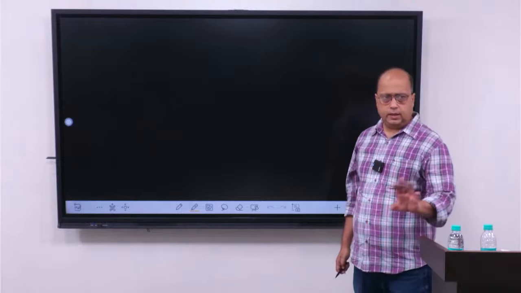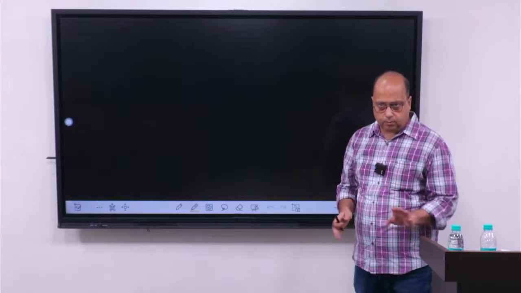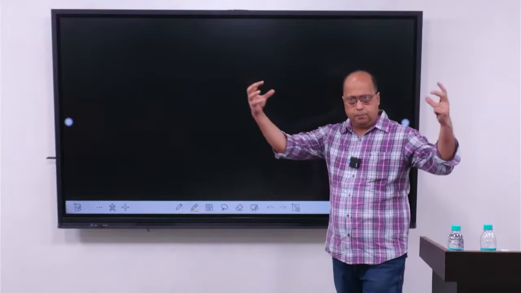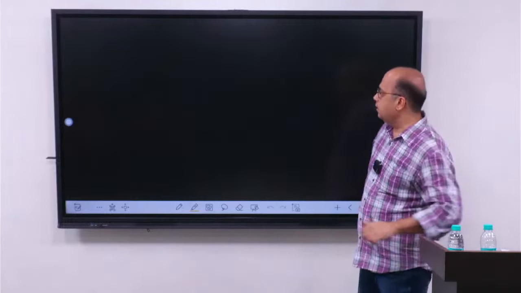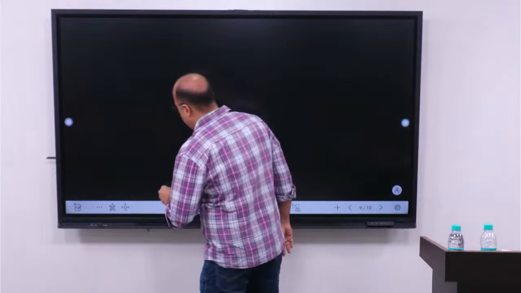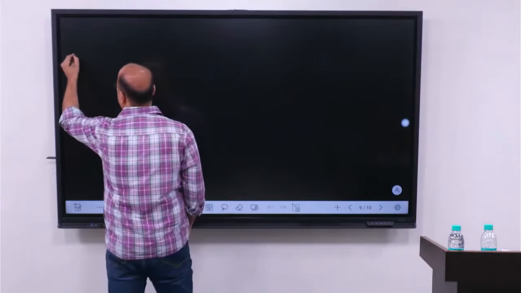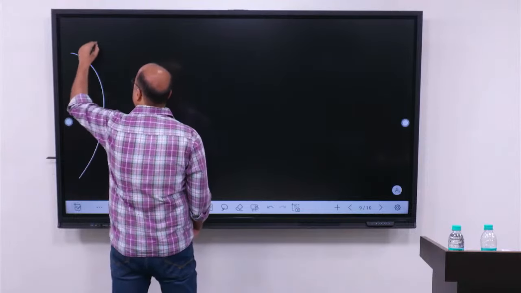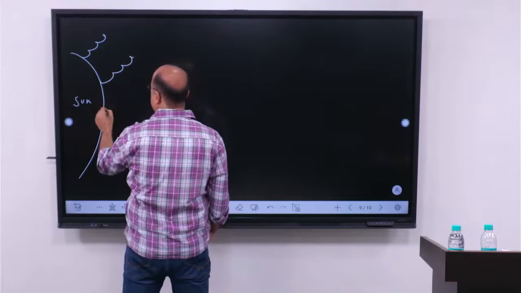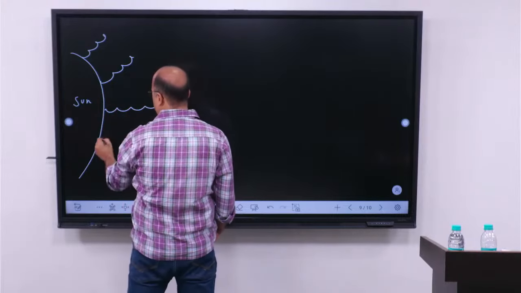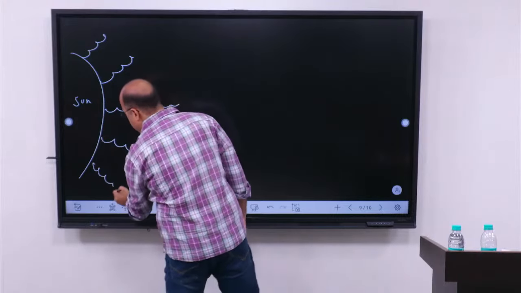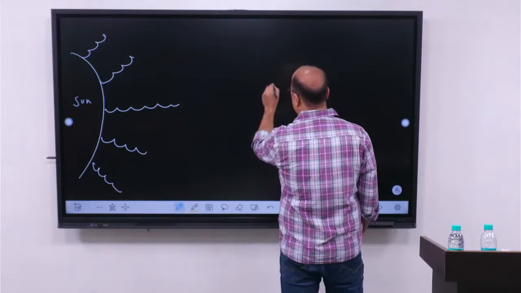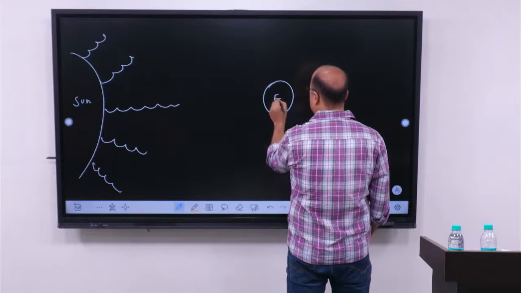Need not worry, it may not be clear yet what heat budget is, but you got an idea. Budget means balancing between two variables. Now let us suppose we have the sun on this side, and from the sun radiation is coming. It emits radiation, and on this side we have the earth.